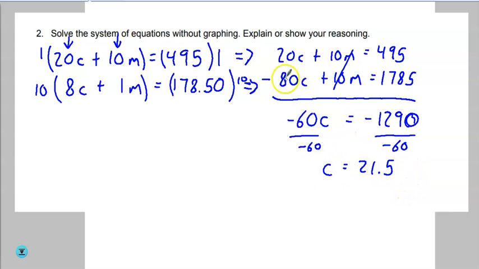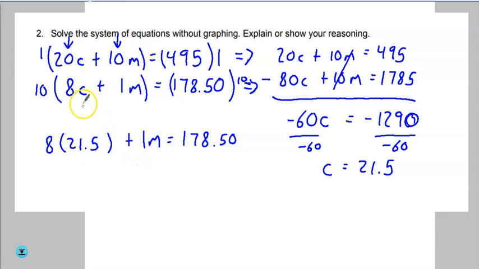So now you know C. I'm going to come back to one of my original equations. I'm going to use the bottom one because the numbers are smaller. That's a calculator. I'm going to substitute in. So 8C plus 1M equals 178.50, and C is 21.5, substitute it in for your C. 8 times 21.5 is 172, plus 1M equals 178.50.